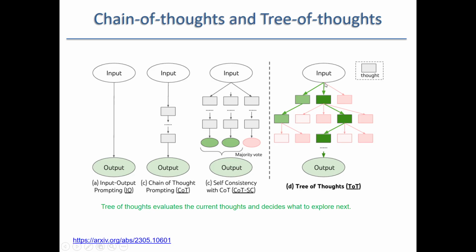So from the input we have multiple thoughts. These multiple thoughts might have different probabilities that are somehow represented here by the color, and then each one of the thoughts can generate more subsequent steps, and then the tree of thoughts evaluates the current thoughts and decides what to explore next.